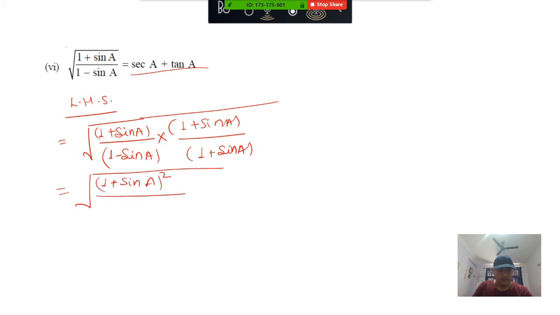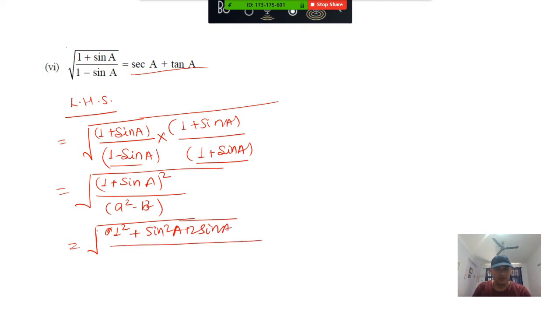1 plus sine A whole square, and the denominator becomes A plus B times A minus B, so finally it becomes A square minus B square, right? In the numerator we will use the formula A plus B whole square, which is A square plus B square plus 2AB. A is 1 here, so I will write it as 1 square plus sine square A plus 2 sine A, and the denominator A square minus B square.